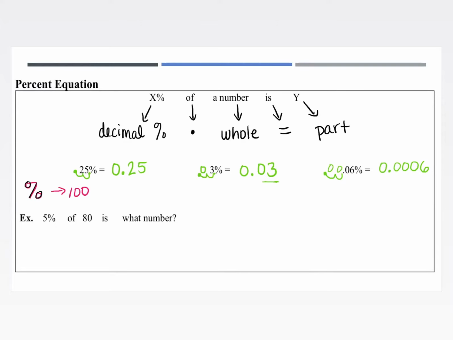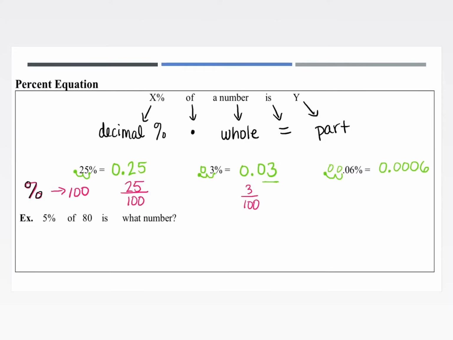So it's just like the number 100, but kind of scrambled around a little bit. Remember when I was saying 25 hundredths for the first example? That's because as a fraction, we can rewrite this as 25 over 100. Or for the next example, 3 hundredths is the same thing as 3 over 100.